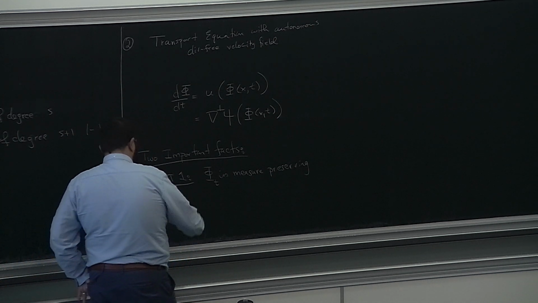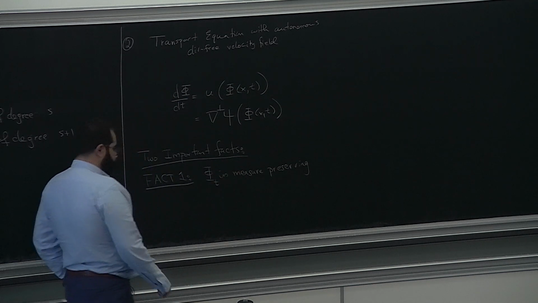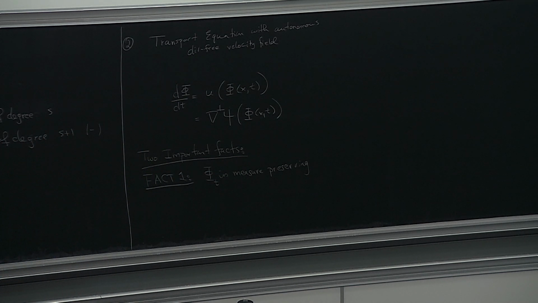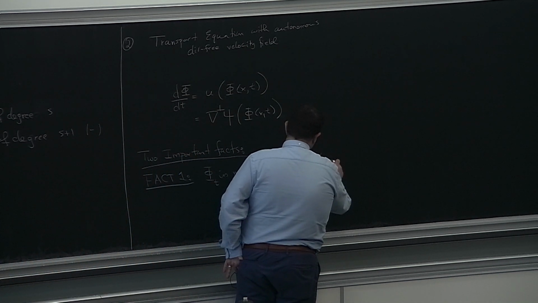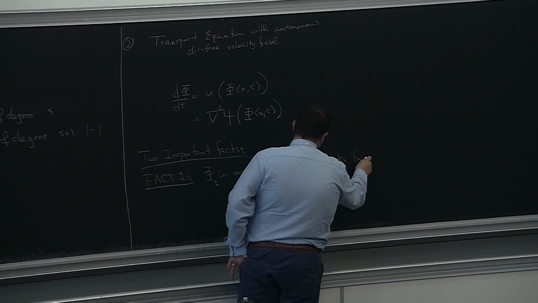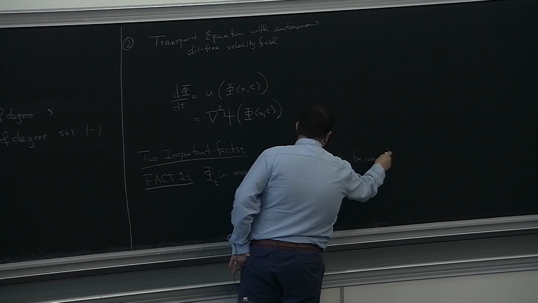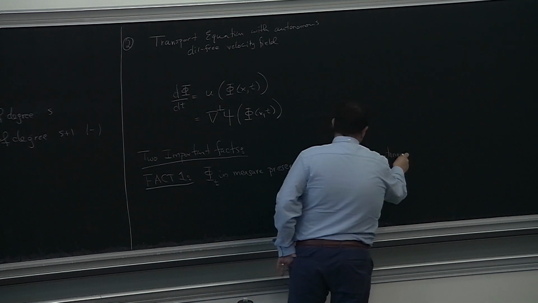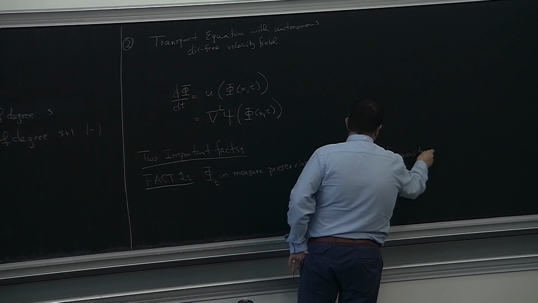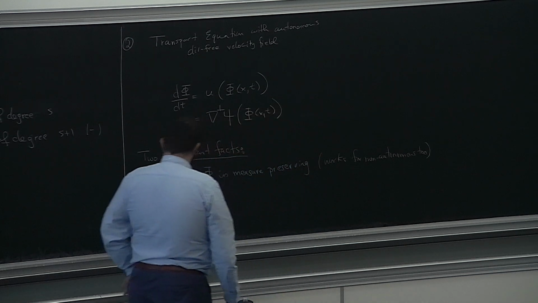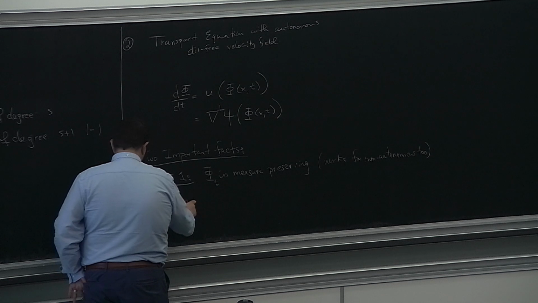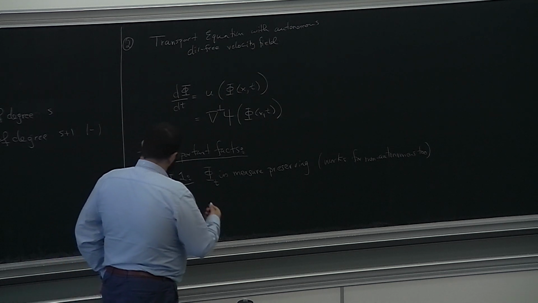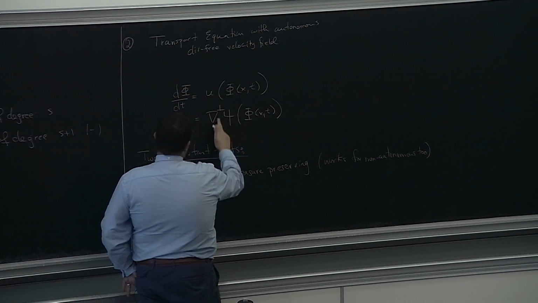And the second fact, which doesn't use the fact that u is autonomous, works in general. But in the autonomous case, we have a more powerful fact, which is that the stream function is preserved.